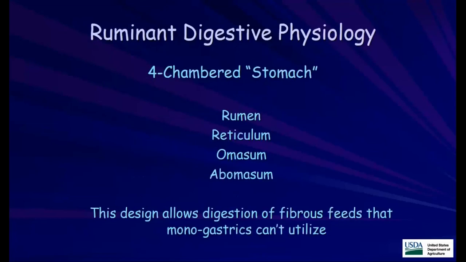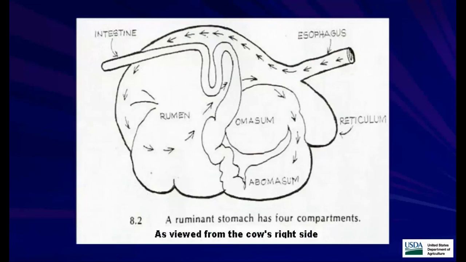So anyway, going back to this. So the rumen, the reticulum, the omasum, and the abomasum, this is a diagram. And the rumen is really a large fermentation vat. It has millions, billions of bacteria, protozoa, and fungi that help the animal to break down those fibrous parts of the plant.